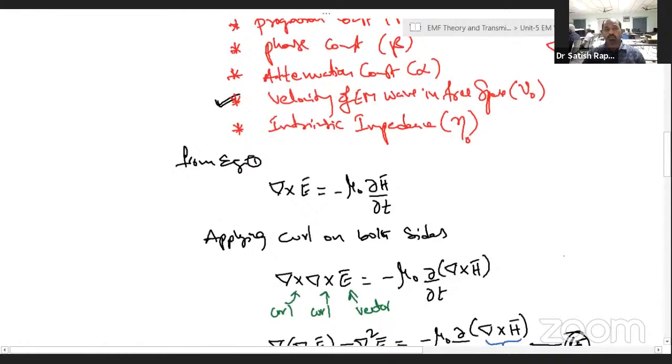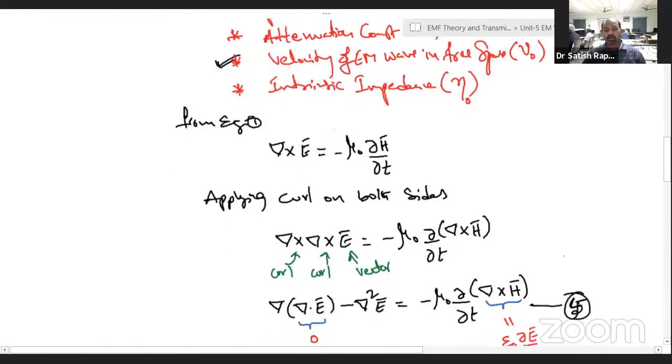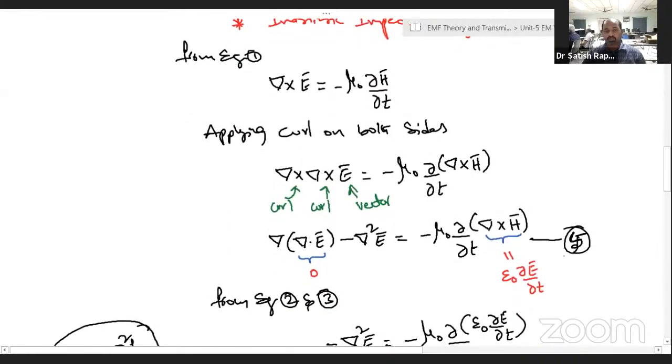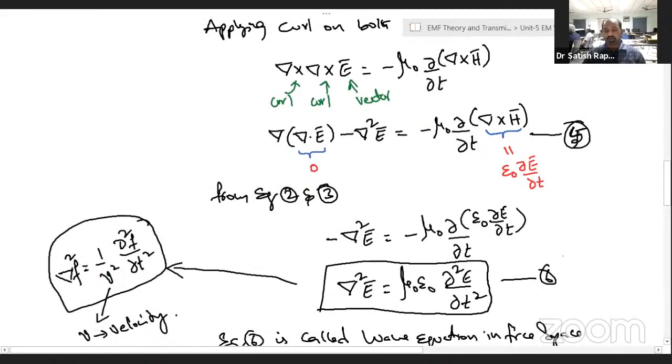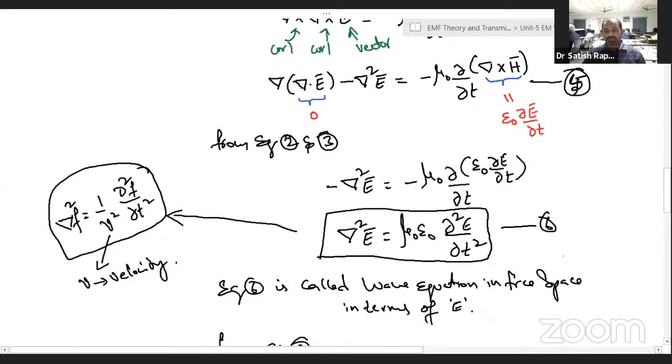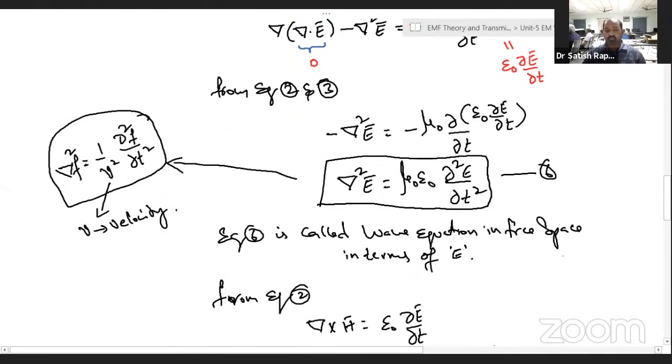From equation 1, applying curl on both sides and simplifying, we will get equation 5, and equation 6. Equation 6 is the wave equation in free space in terms of electric field.